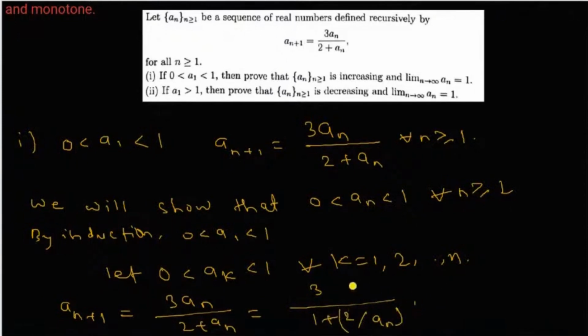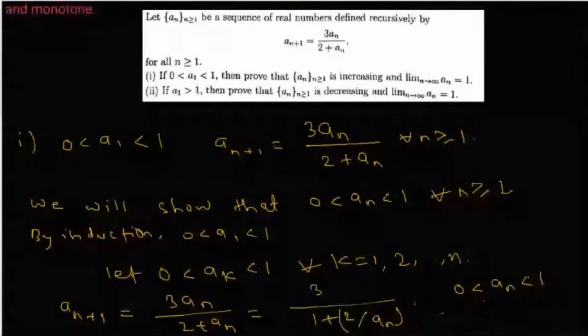So by the induction hypothesis, 0 less than a_n less than 1. This means that, 0 less than a_n less than 1, so 1 is less than 1 by a_n is less than infinity, right?